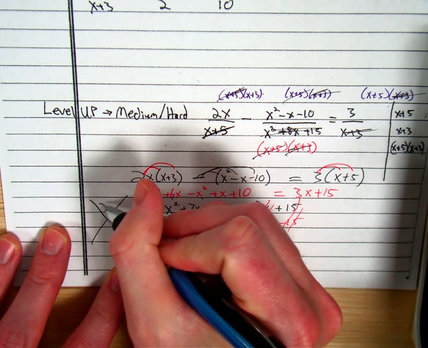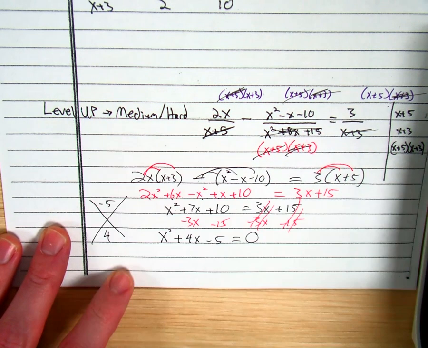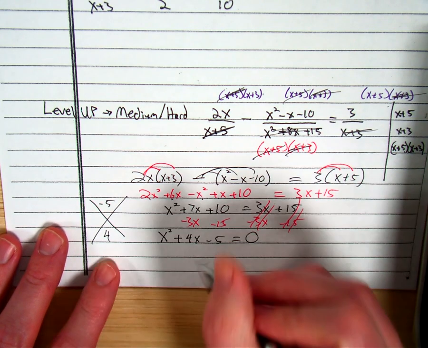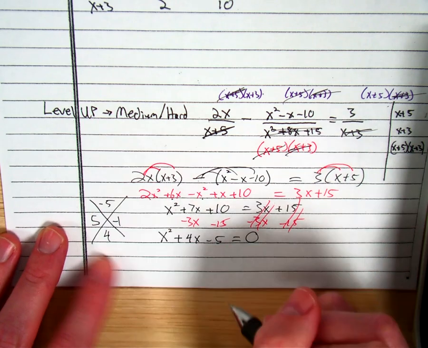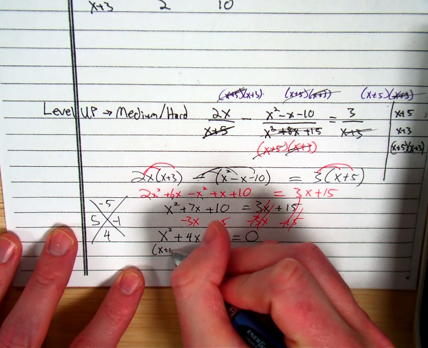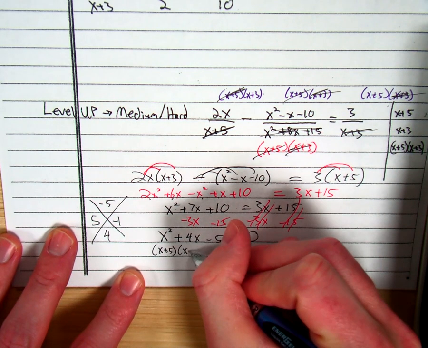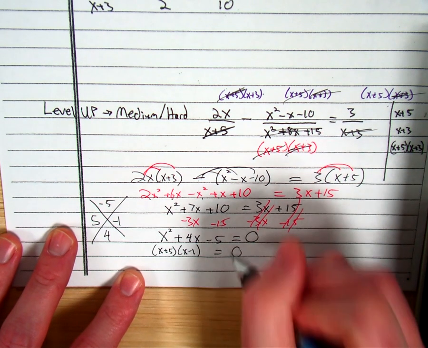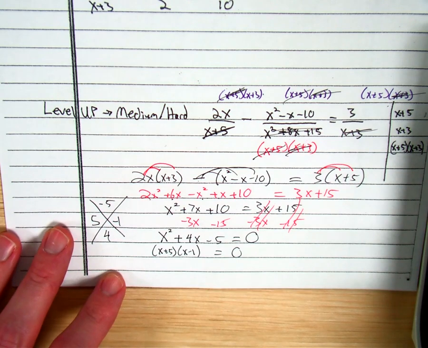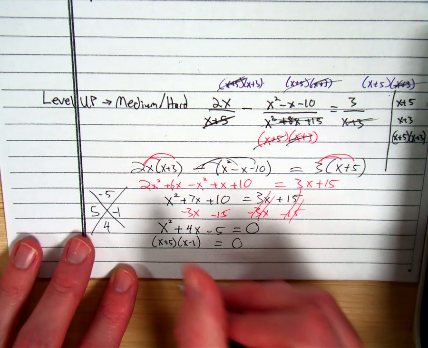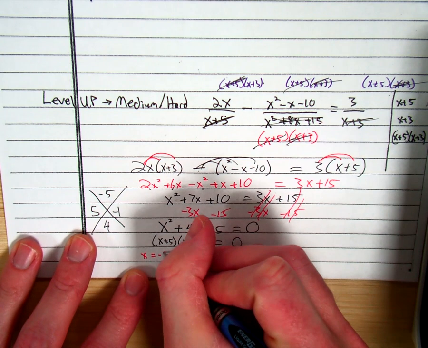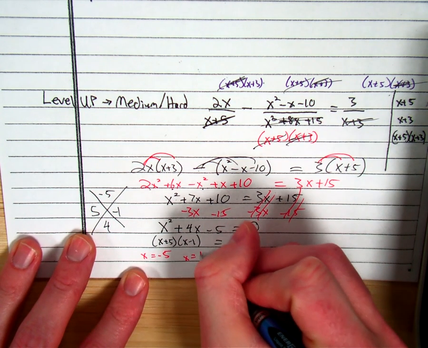What multiplies to negative 5 and adds to positive 4? We'll go with a positive 5 and a negative 1. x plus 5, x minus 1. And then our answers will be what makes each spot equal 0. x equals negative 5 and x equals positive 1.